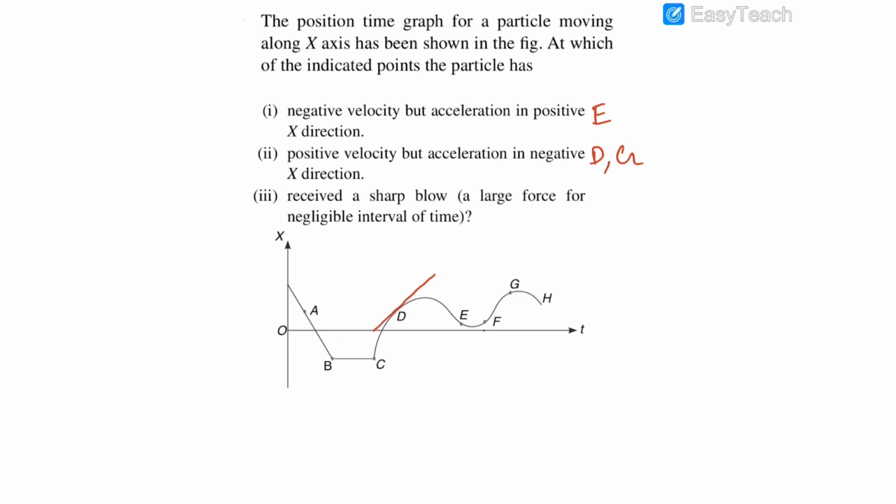So the change in momentum upon time taken is almost infinite because time is negligible. So there is a large force acting on this particle at point B, as well as the same thing goes with C. So we can say that at point B and C a sharp impulse is acting on the particle.